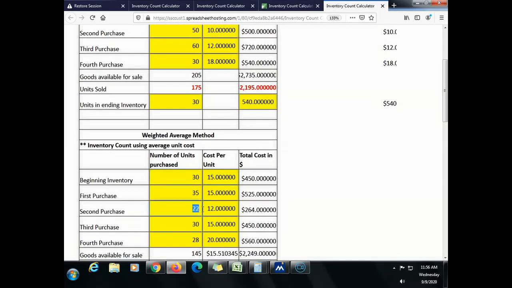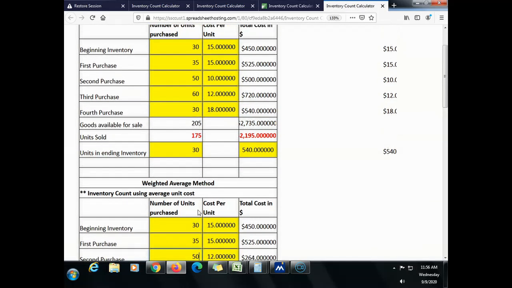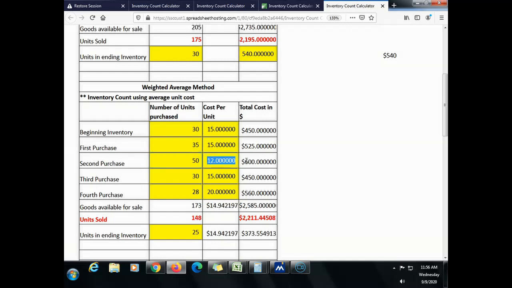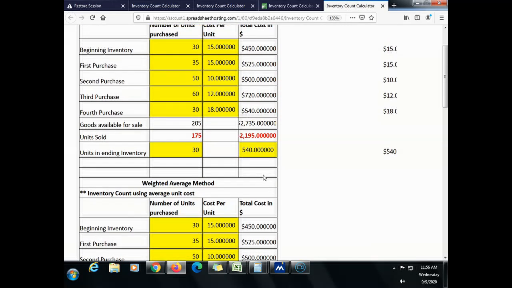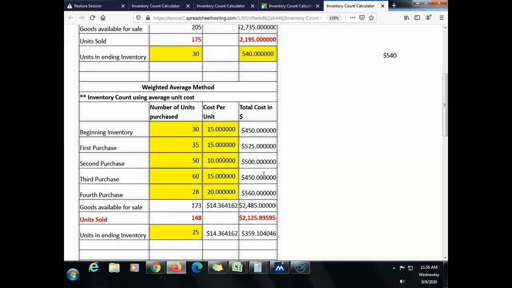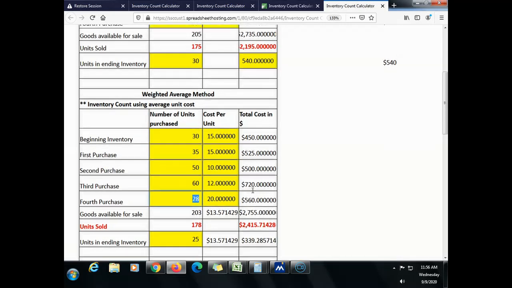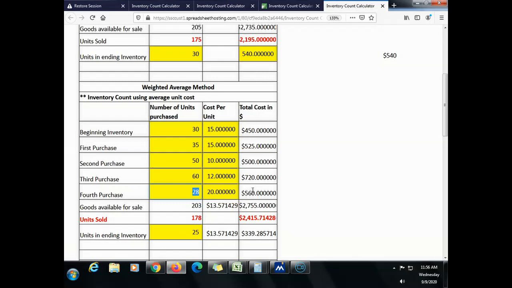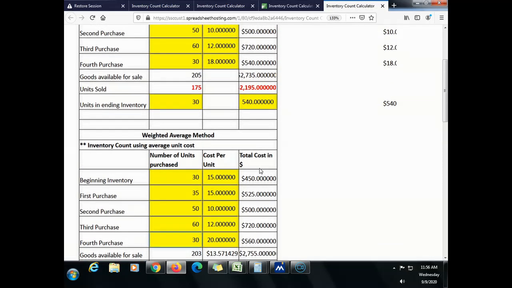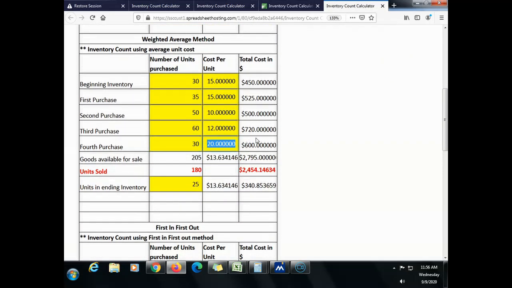On your second invoice, you have 50 units, let's say at $10 a unit. Third invoice, let's say you've got 60 units at $12 a unit. And on your last invoice, let's say you have 30 units at $18 a unit.